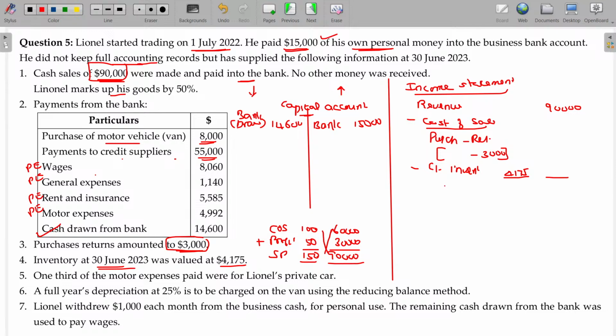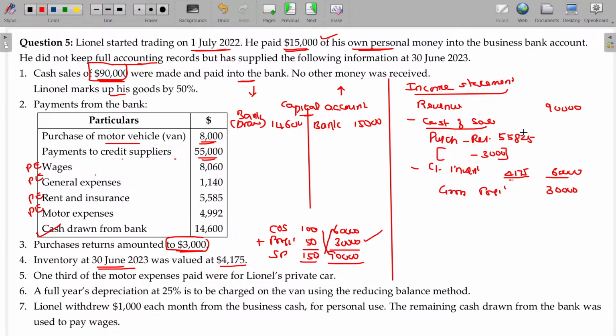Naturally, your gross profit, 30,000, we already calculated. We can put that value here. The difference between these two is the cost of sales, which is 60,000. In that 60,000, 4,175 being closing inventory means purchase less return should be 55,825.